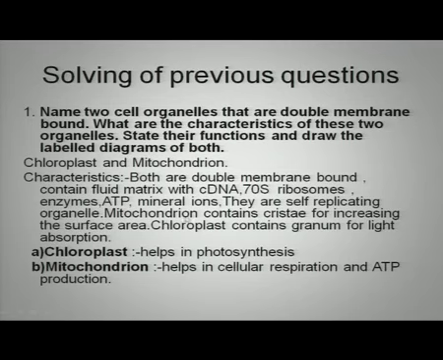Now, their difference is mitochondrion contains cristae, the enfoldings of the inner membrane, which increases the surface area. Chloroplast contains granum for light absorption.